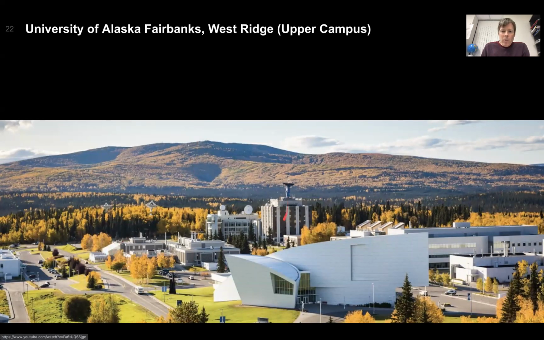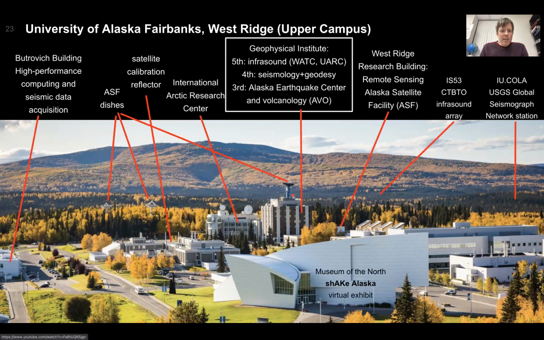Here I am. I'm in Geophysical Institute right now. This is a West Ridge, part of Upper Campus, University of Alaska Fairbanks. Beautiful photo shot from the fall here. And to me, what I see in this photo is quite different. What I see is all kinds of things related to earthquake science in Alaska.